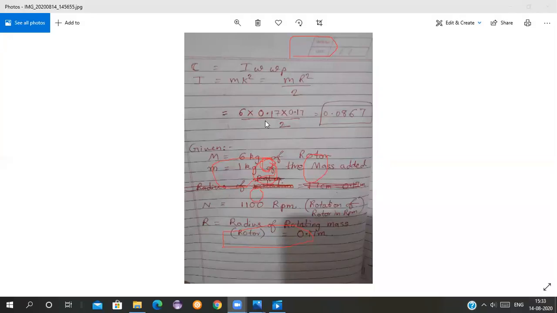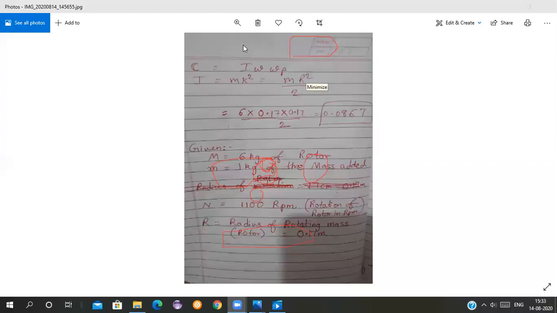See, omega you are getting as 115, I think. If we take N as 1100, then omega will be approximately 115, isn't it? C is equal to 1.045. Very good.